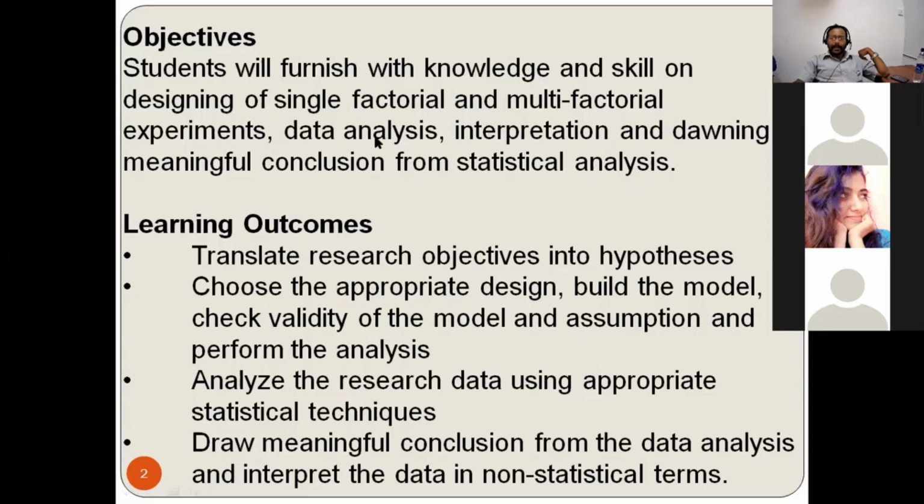As I mentioned in the previous course, statistics is actually planning your experiment. Then you collect the data. Then you classify the data, then you interpret the data and draw the conclusion. Right. So that is basically statistics.